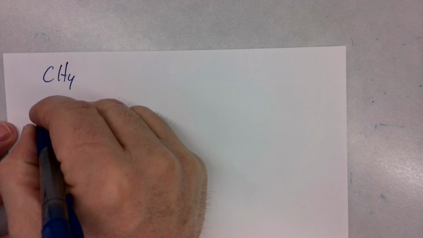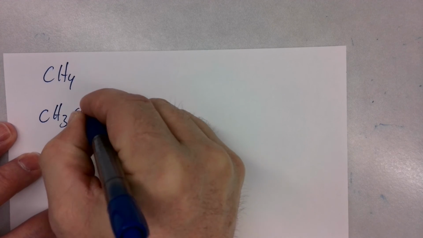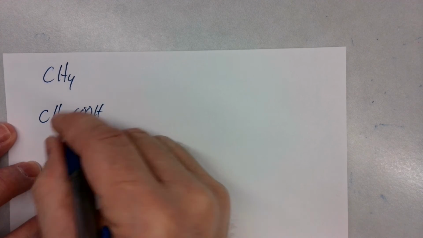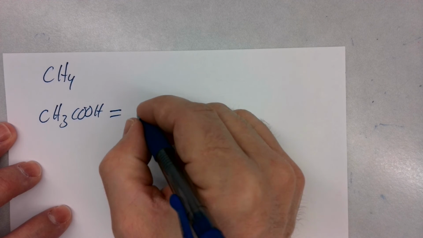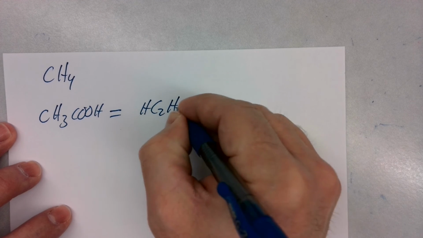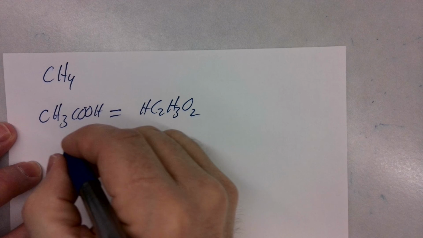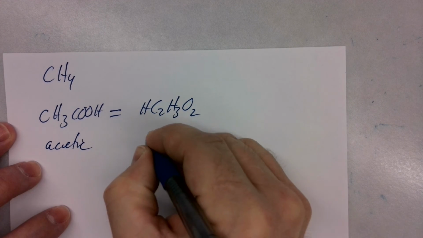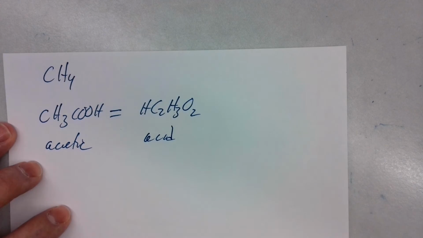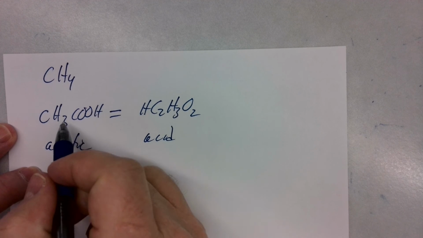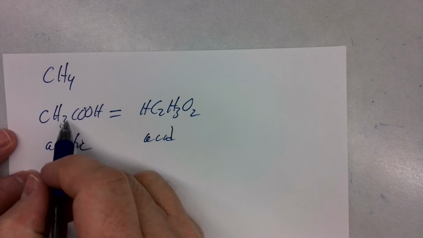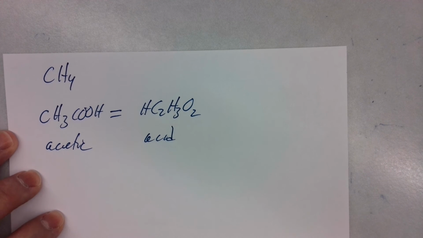Yeah. If it's got an H on it, what you've got to understand is if they give you CH3COOH, this is called acetic acid, and it is the exact same thing as HC2H3O2. These are both acetic acid, which is the most common weak acid we know. It's just written differently and it makes it look like it's something else. That's why I wrote it on the backboard.